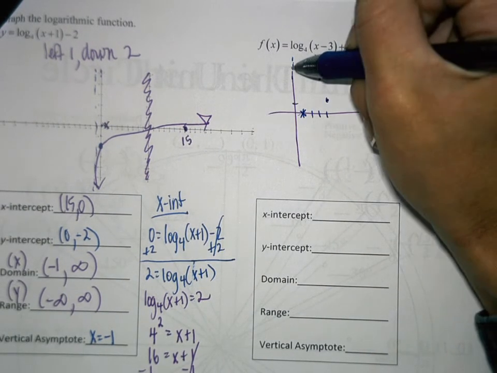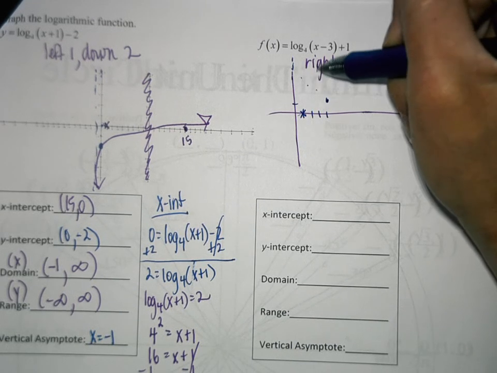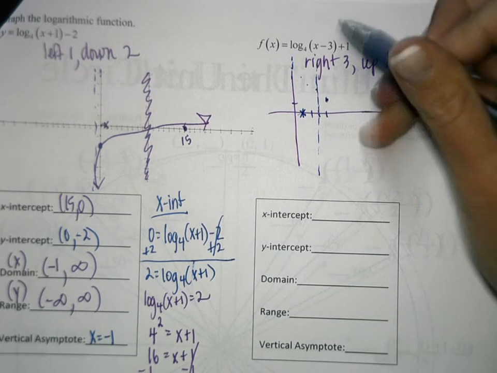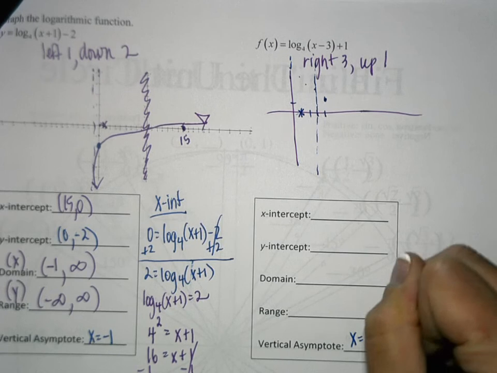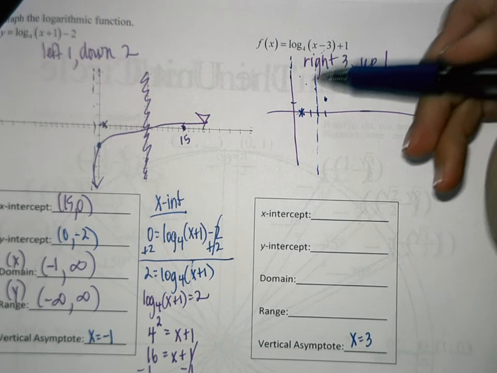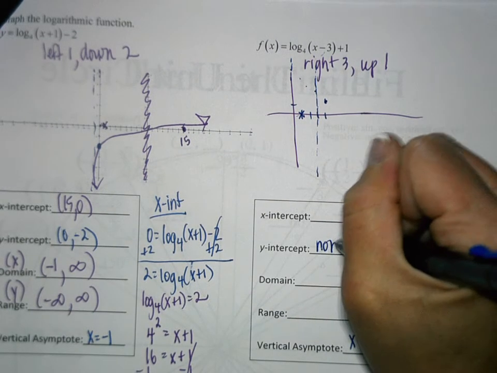And that asymptote would move right 1, 2, 3, and again up and down is not going to change it. So right there we can see our vertical asymptote, which is at x equals 3. Because we have an asymptote here, the graph is never going to touch the y-axis, and so for the y-intercept we can write none.